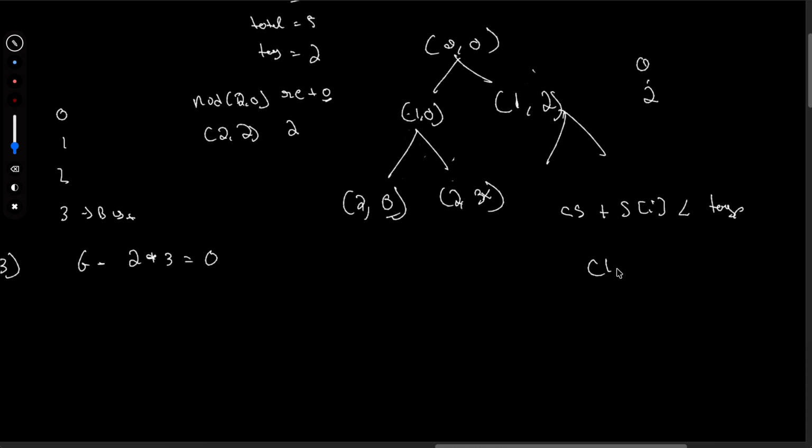So 1 and 2, stone is 3, so 3 plus 2 is 5, which is greater than 2. So take was not allowed. First we create a variable, int take is 0. Why 0? Because maybe take was not possible.